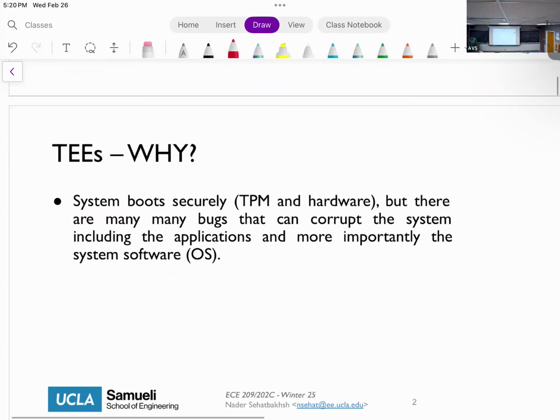environments as well. So if you remember, we started this class by saying that the very first step in making sure that our devices are secure is booting securely.